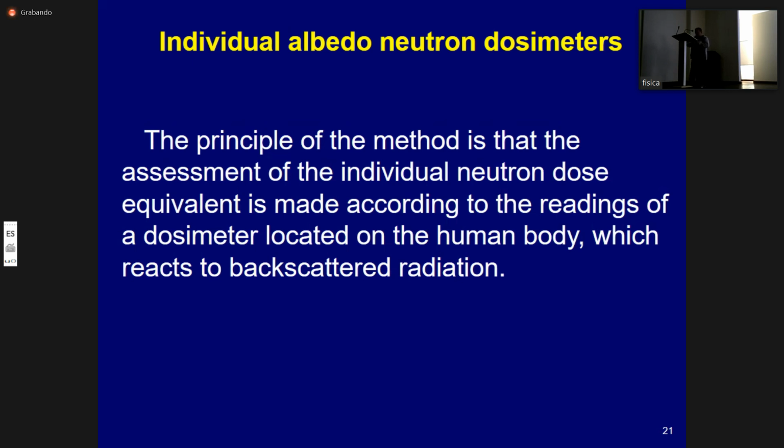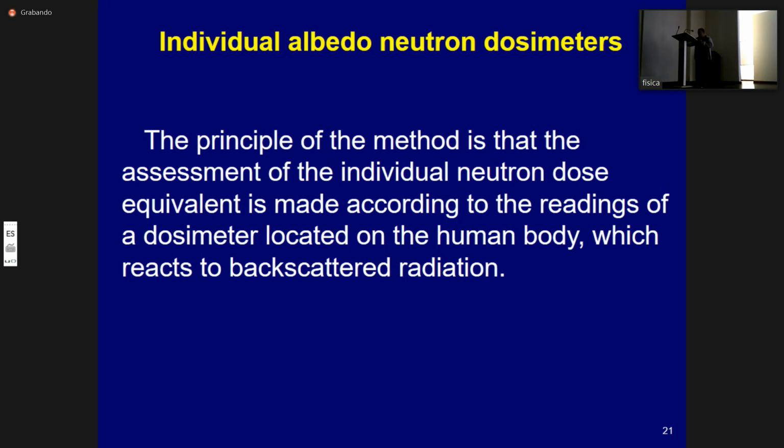The principle of the method is that the individual neutron dose equivalent Hp is estimated according to the readings of the dosimeter located on the human body, which reacts to backscattered radiation. In practice, thermoluminescent dosimeters selectively sensitive to thermal neutrons are widely used for these purposes.